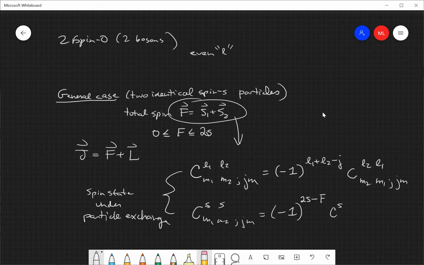It generalizes the idea of the singlet and triplet: for the singlet, we pick up a minus sign; for the triplet, we don't. This generalizes that property to arbitrary spin. And I guess I shouldn't call this J, I call it F, right? This is the total spin.